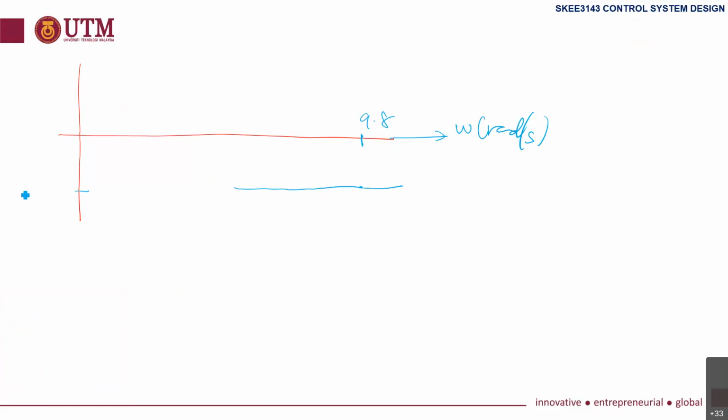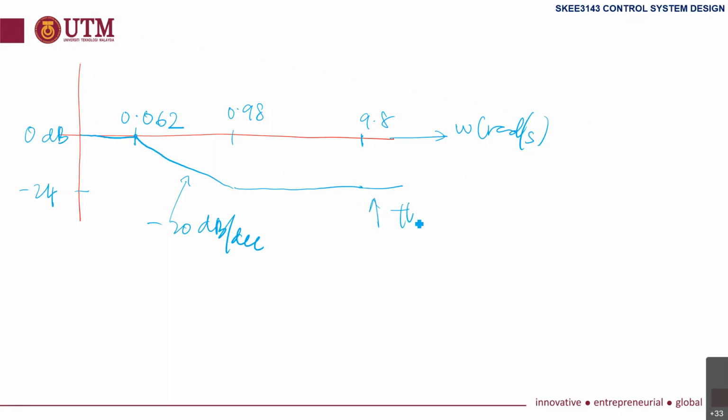This is minus 24 dB. Here until 0.98. Then we make a line, minus 20 dB per decade. Then we get this, and after that it is 0. And this point is obtained from the graph as 0.062. This is the lag compensator.